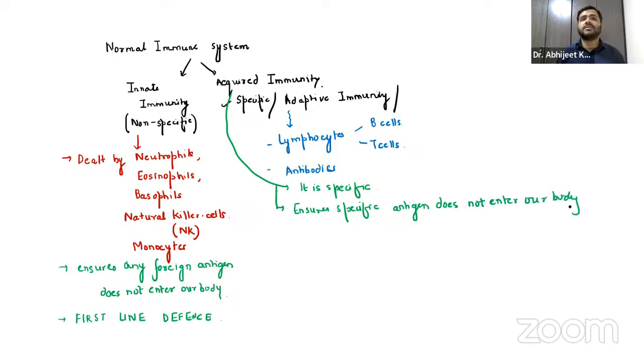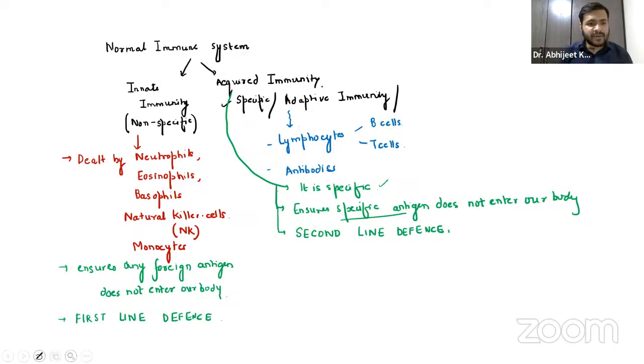So remember, the innate immunity will ensure that any foreign antigen does not enter our body, whereas the acquired one, which is specific, will ensure that only a specific antigen shouldn't enter our body, right? And remember, it is a second line defense of our body. So that is the basic difference between the innate and the acquired immunity, right?